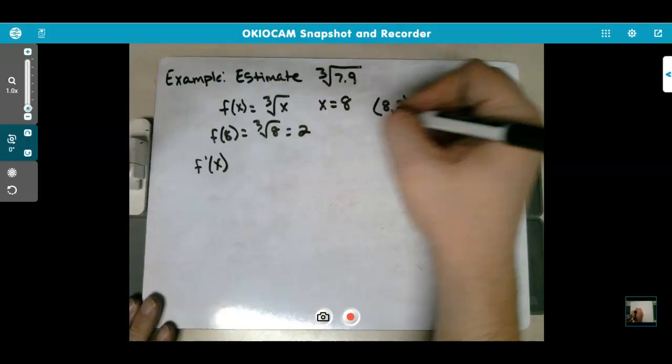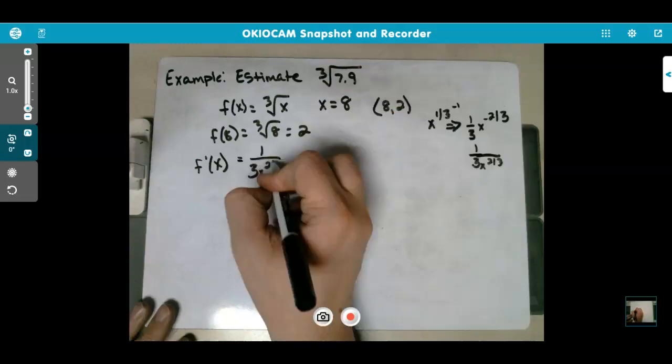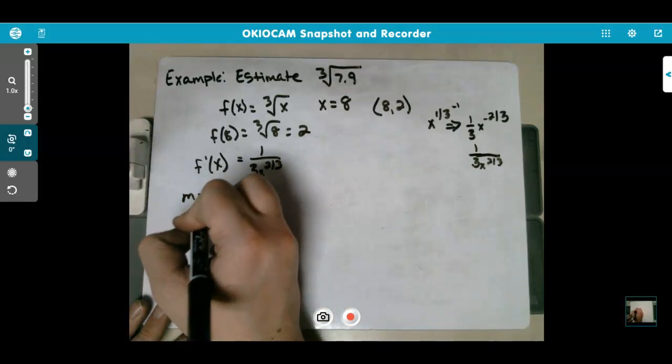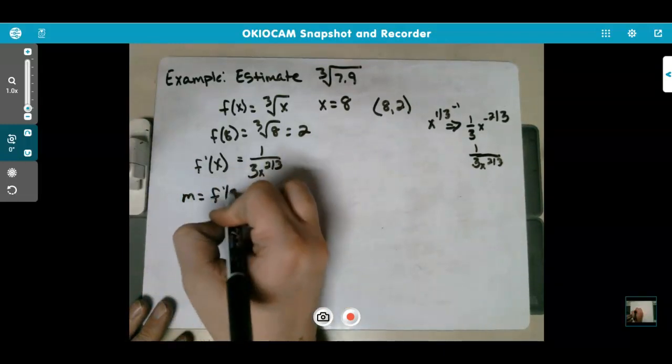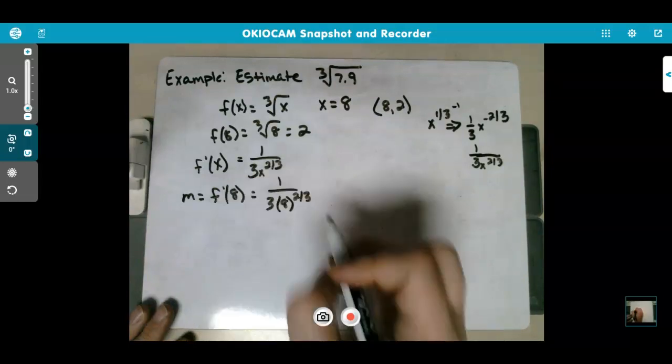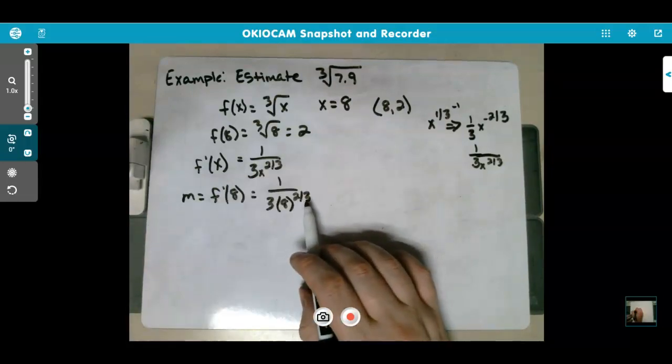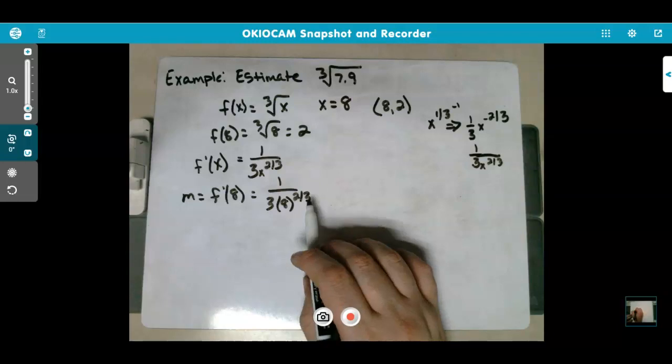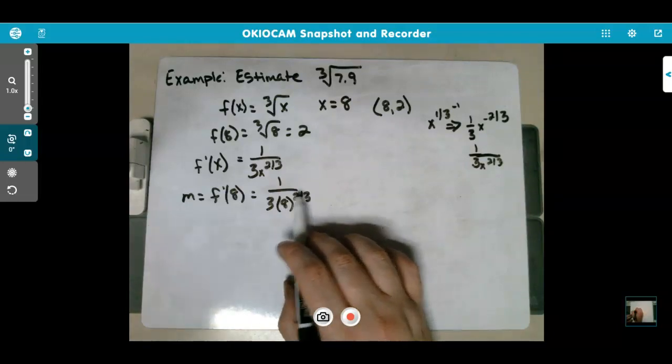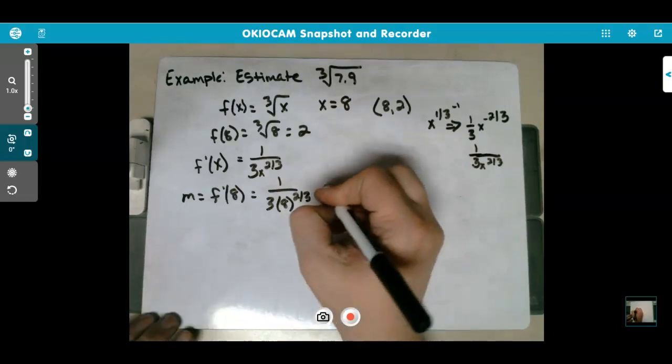So you can leave that, or you could rewrite that as 1/3 x to the 2/3. It doesn't matter. But basically it's 1/3 times x to the 2/3. Plugging in an 8, 1/3 times 8 to the 2/3. Whenever I do 8 to the 2/3, that's the cube root squared. The cube root of 8 is 2. 2 squared is 4. 4 times 3 is 12. So my slope is 1/12.